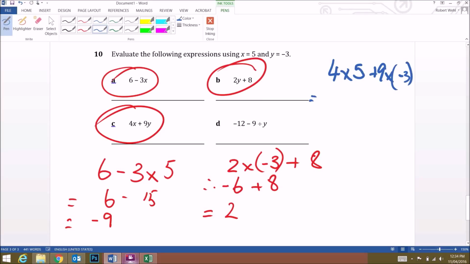Okay, so I'll do the multiplication first. 4 5s are 20, plus 9 times negative 3. 9 3s are 27, and there's 1 of each, so it's negative 27. I've got $20 in one pocket and a bill for $27 in my other pocket. That means once I put them together, I'm left with negative 7.